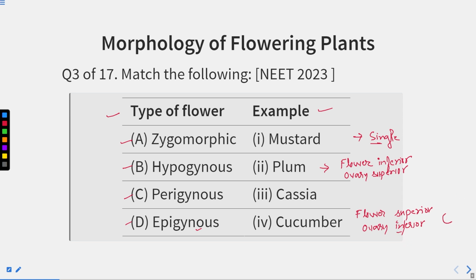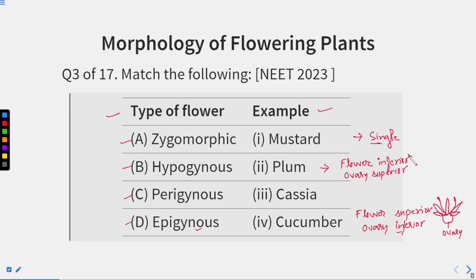Suppose this is the ovary. This is the gynoecium. This is the ovary. Now ovary is inferior. So sepals and petals will arise from here. Now flower is superior here. Suppose these are stamens and then we have petals. Here we have sepals.